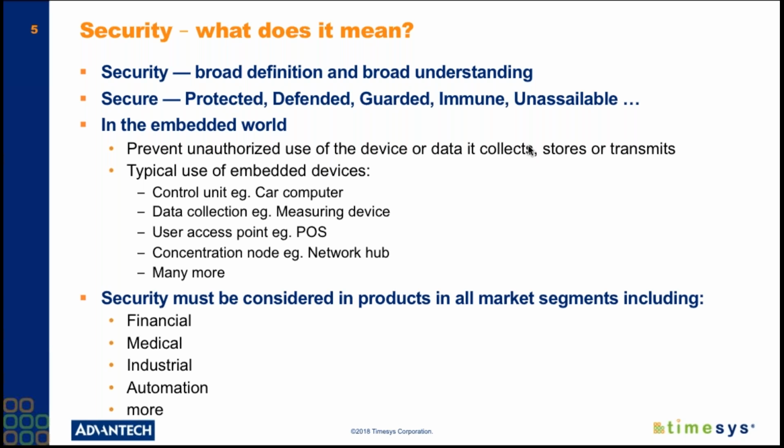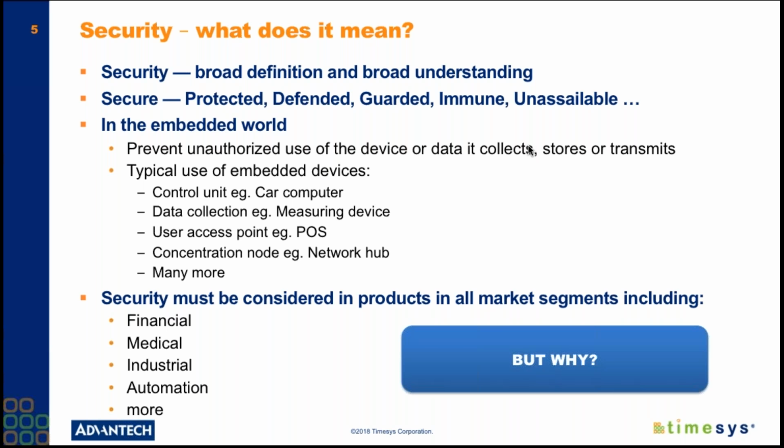When we look at security from the different market segment perspective, if it hasn't been considered in a specific market, probably by now it is being looked at. So we see security topics popping up in financial, medical, industrial automation, and every single market that embedded devices are being designed in. So why do we care about security is the next question.